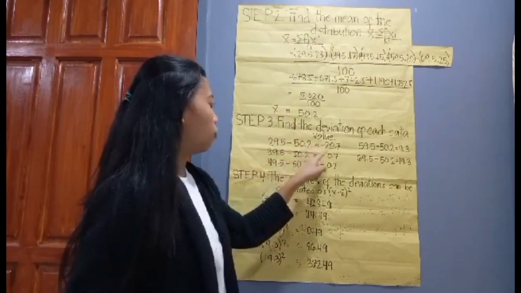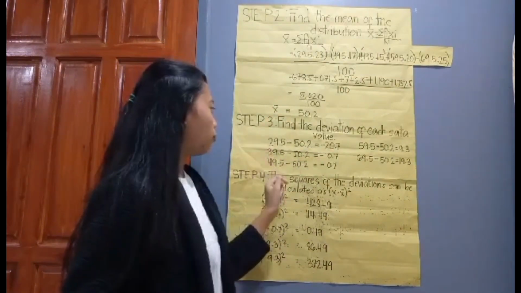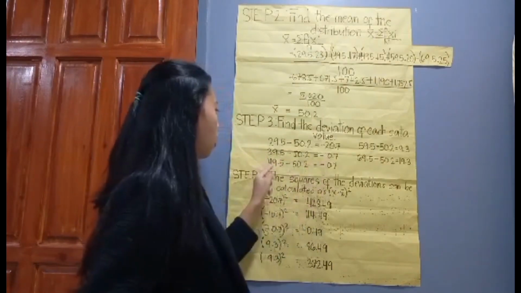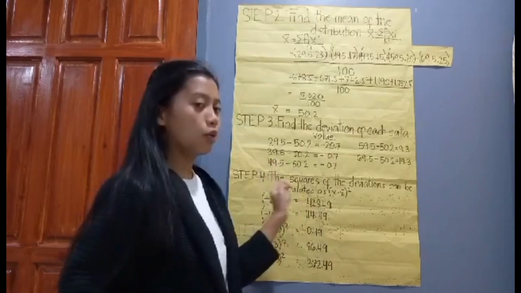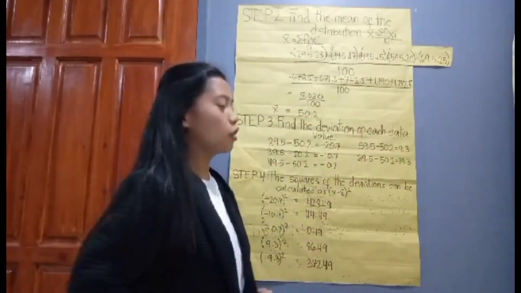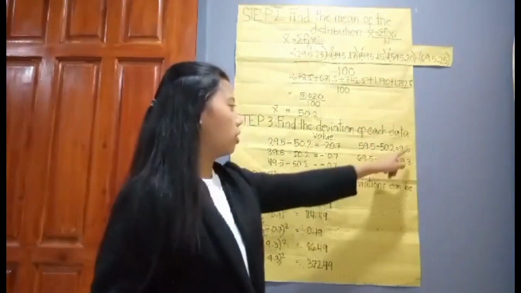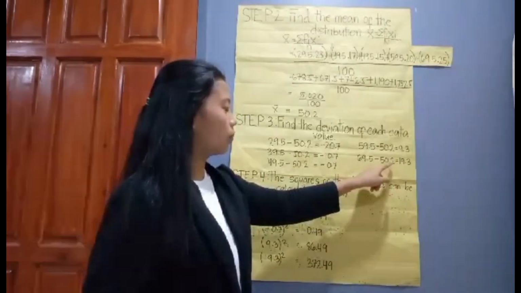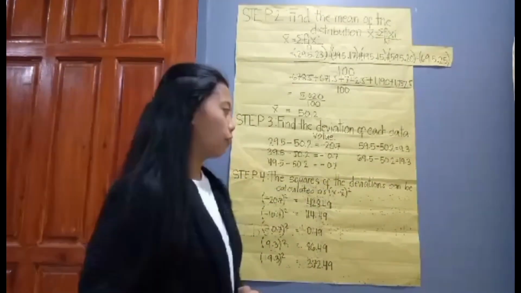So 29.5 minus 50.2 is equal to negative 20.7. 39.5 minus 50.2 is equal to negative 10.7. 49.5 minus 50.2 is equal to negative 0.7. 59.5 minus 50.2 is equal to 9.3. 69.5 minus 50.2 is equal to 19.3.